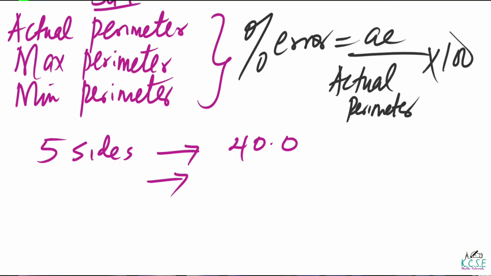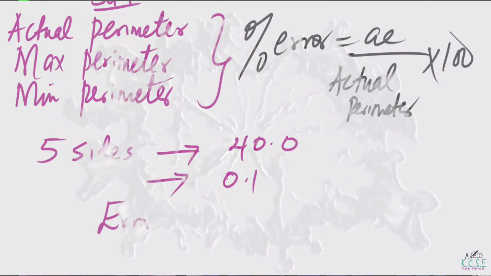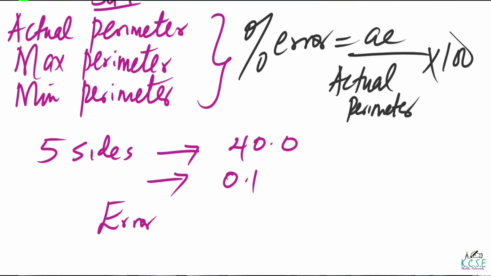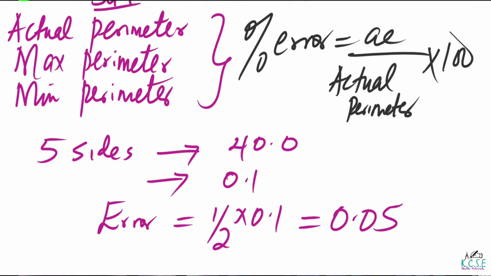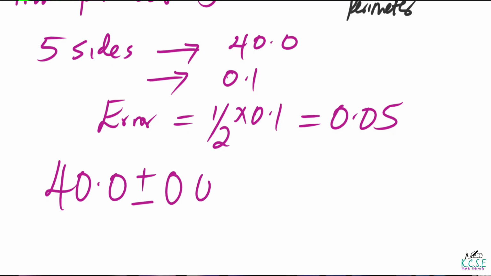So therefore, the least unit of measurement is 0.1, and therefore the error in each of these measurements, which would be used to obtain the maximum and the minimum, will be obtained by half of 0.1, which gives 0.05, and therefore the length of this side will lie between 40.0 plus or minus 0.05. So those are the limits.